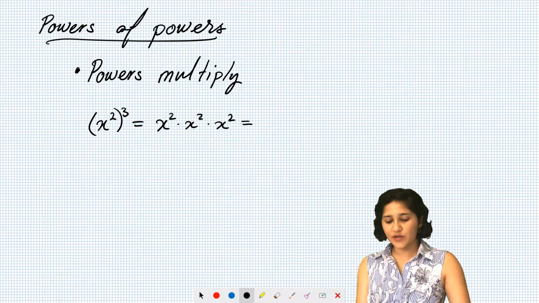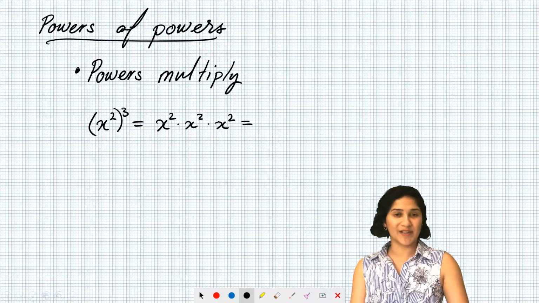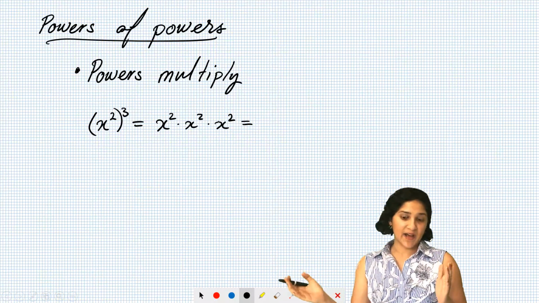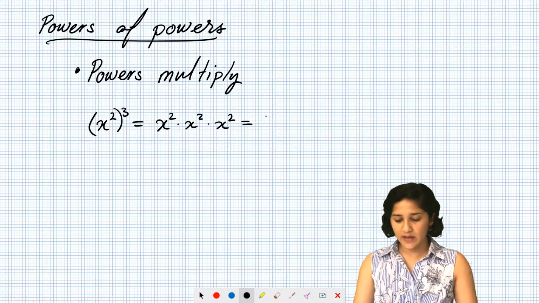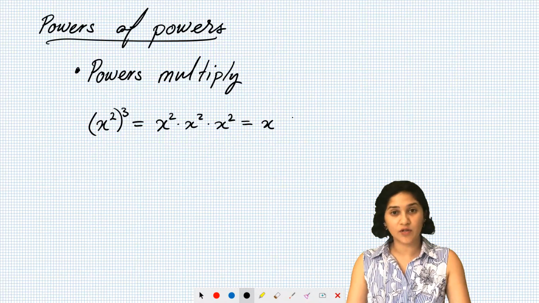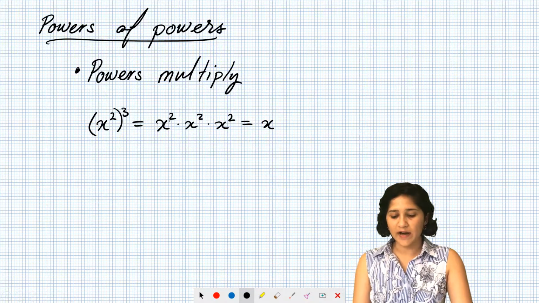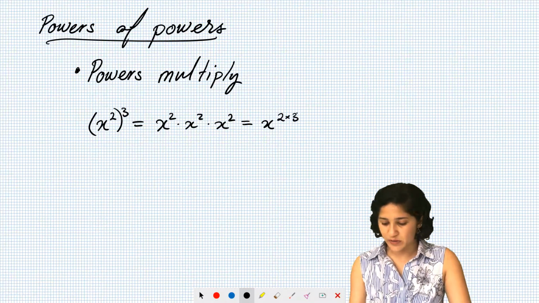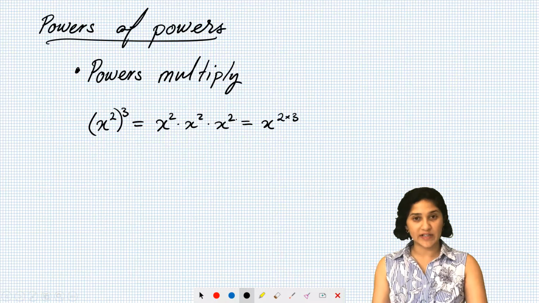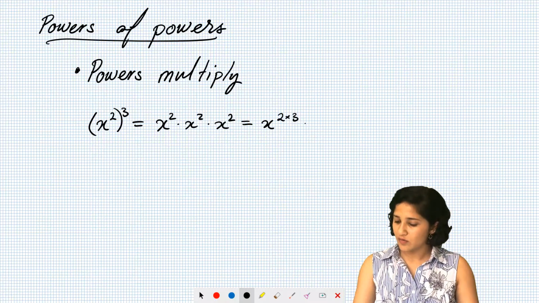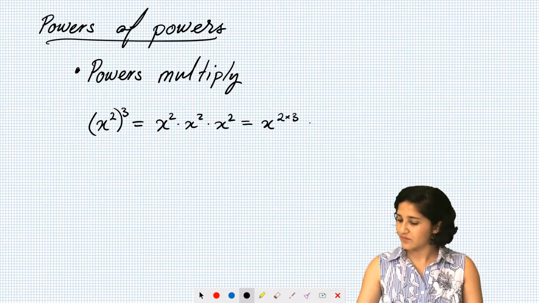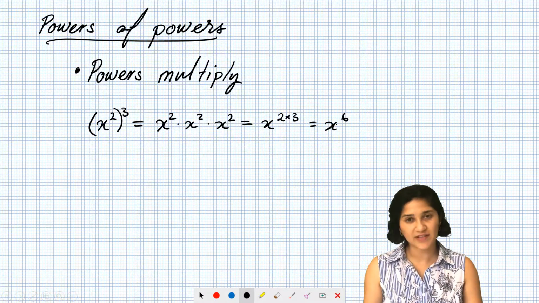And then these 2's are all going to add up, because I know that when I have multiplication, the indices add up. So I can write x to the power of 2 plus 2 plus 2, or I can write 2 times 3, because that's the same as adding 2 3 times. So what happens is that these powers end up multiplying. So I get x to the power of 6.